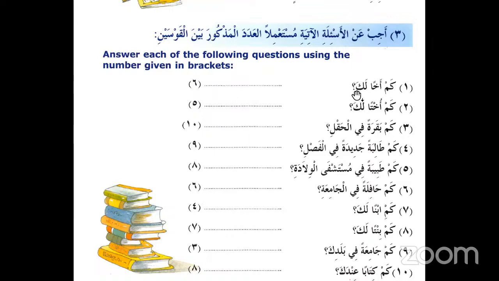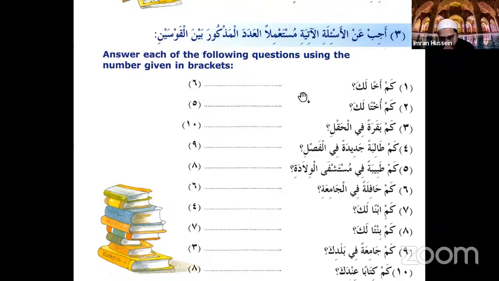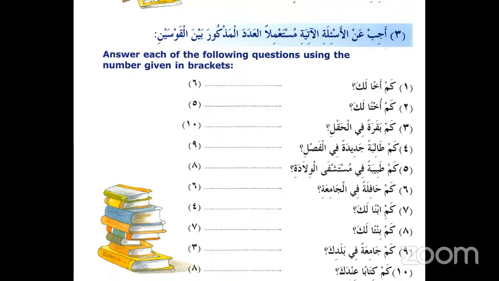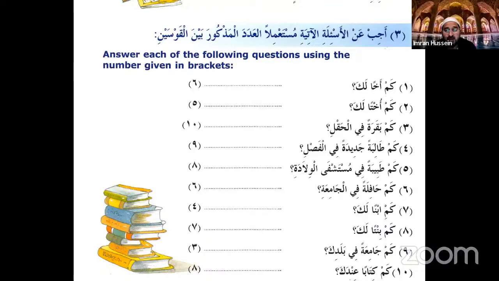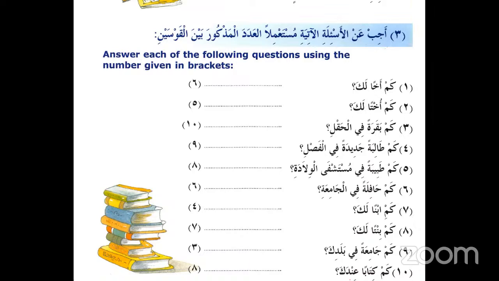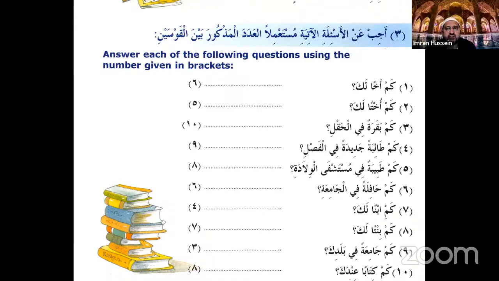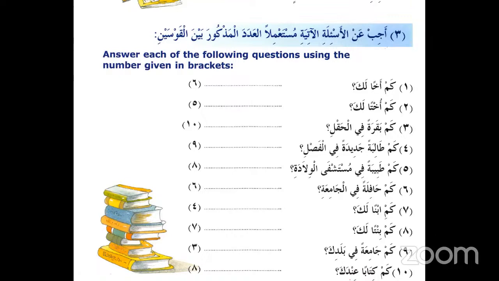So how do you say I have? Li. Li sittu ikhwatin. No, not sittu, sittu is feminine. Li sittatu ikhwatin, with just one dhamma, without tanween.